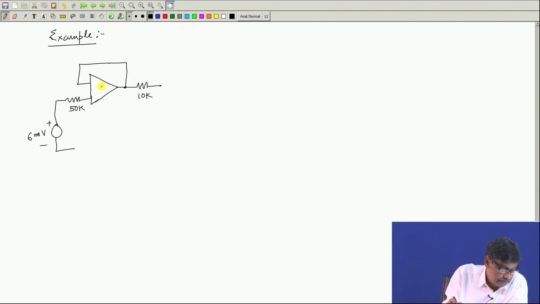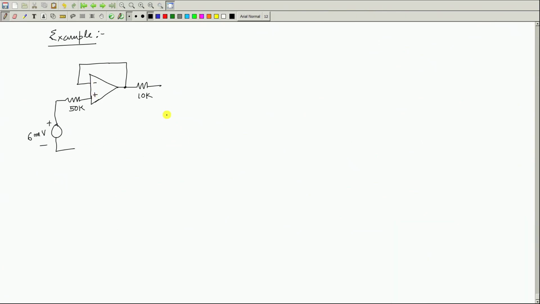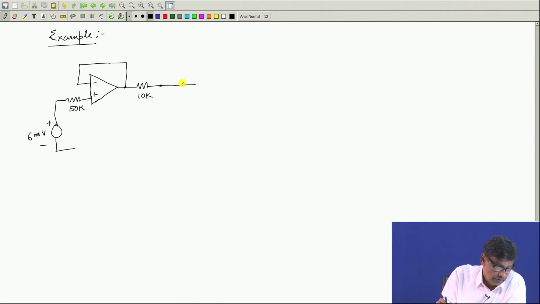This connection is very popular, and this is minus, this is plus. Now, the output of this op amp is fed to another op amp, whose inverting and non-inverting terminals are connected in this way.